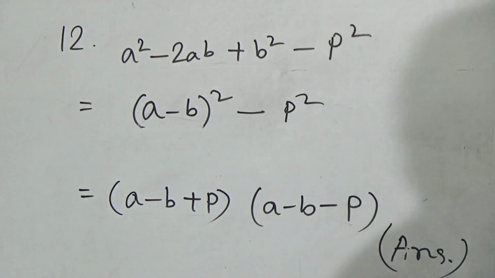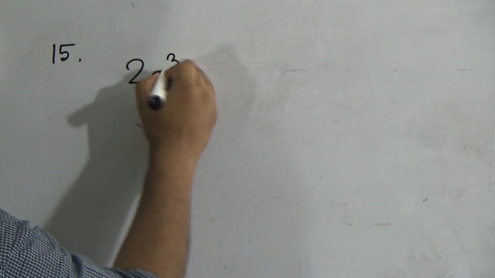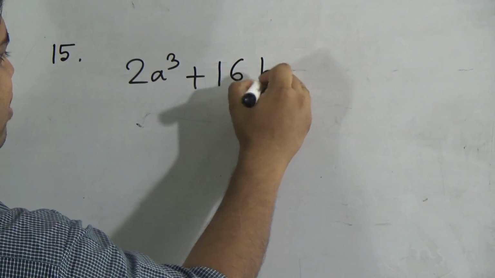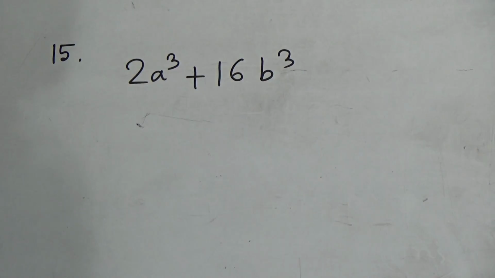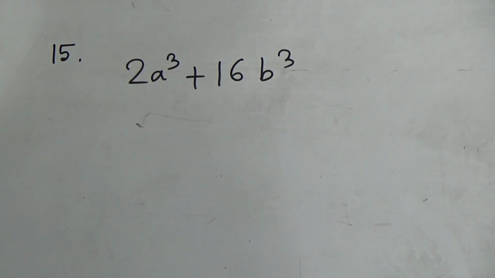Next we shall solve question number 15. Question number 15 is 2a cube plus 16b cube. Dear students, at first we notice whether any number is common to both terms or not. Here 2a cube, here 16b cube.